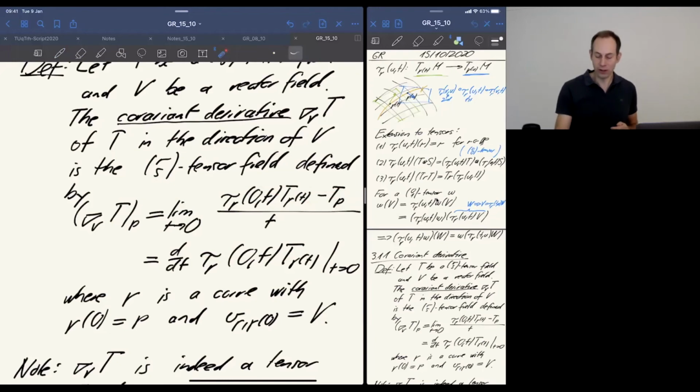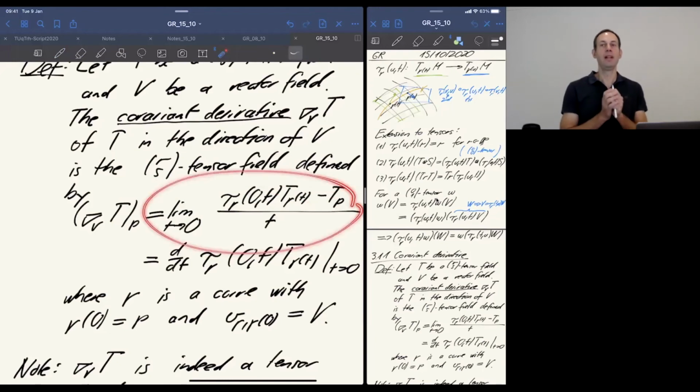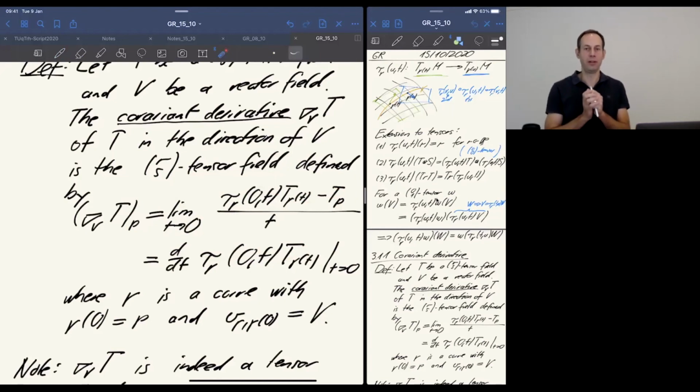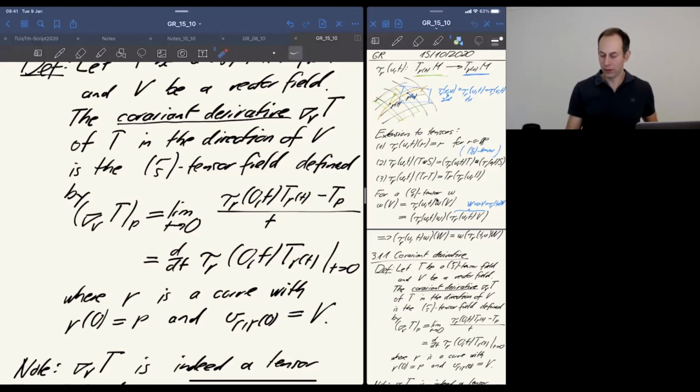Of course, this is a chart-dependent definition, but remember the differentiable structure of a manifold was defined by saying that there exists an atlas whose chart transition functions are all differentiable. So I cannot talk about differentiability without talking about charts. And you should think in the same way here. If I have something like limits or even a differential, then go to a chart and check whether it's differentiable there, because there we understand what differentiability means.